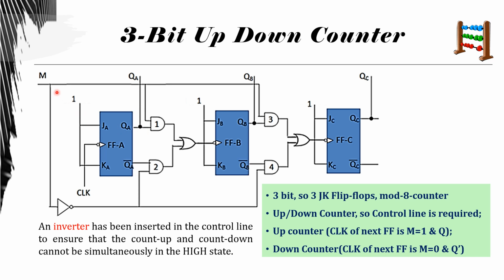If M is equal to 0, that means we are going to perform the down operation. To perform this down operation, Q bar should be connected as the clock input. So this Q bar as well as the M complement is connected to the second AND gate.